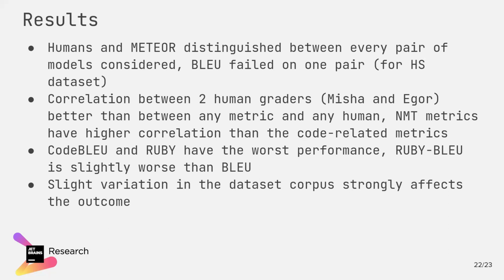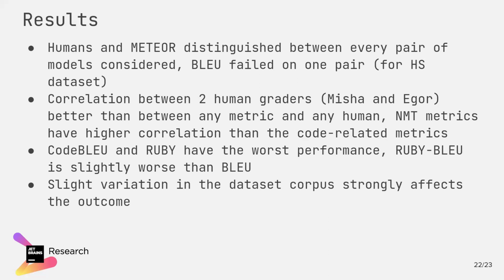The natural language metrics have higher correlation with the humans than the code-related metrics. The worst overall correlated metric is CodeBLEU. The next comes Ruby, then Ruby BLEU, and then the NMT metrics. The NMT metrics are very well correlated between each other, better than the humans.